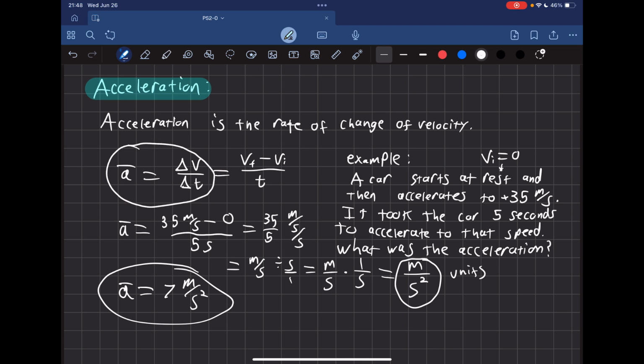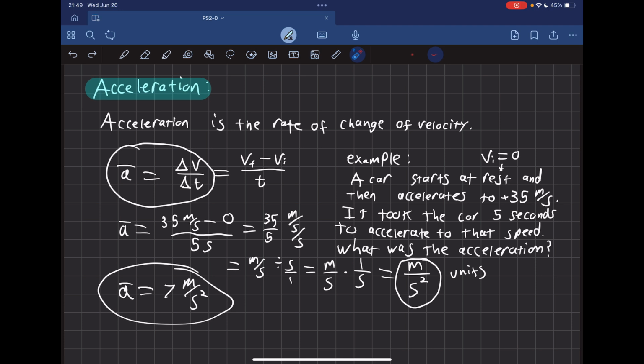The equation for average acceleration, so acceleration over a certain amount of time, the average of it, it could be higher and lower at any given time, but the average acceleration is going to be how much the velocity has changed per unit of time. So that's going to be a final velocity minus an initial velocity divided by how long that took.